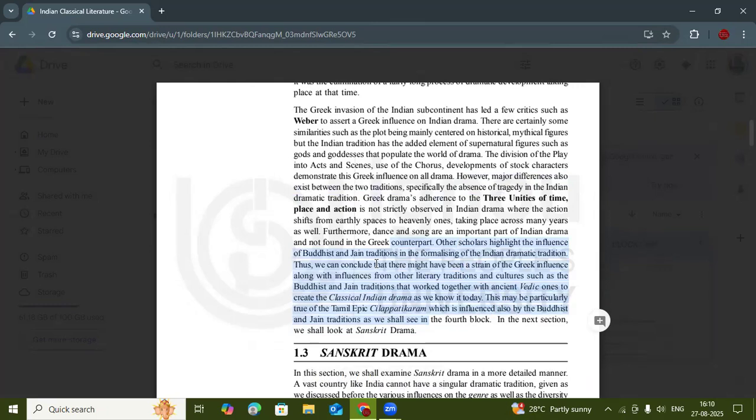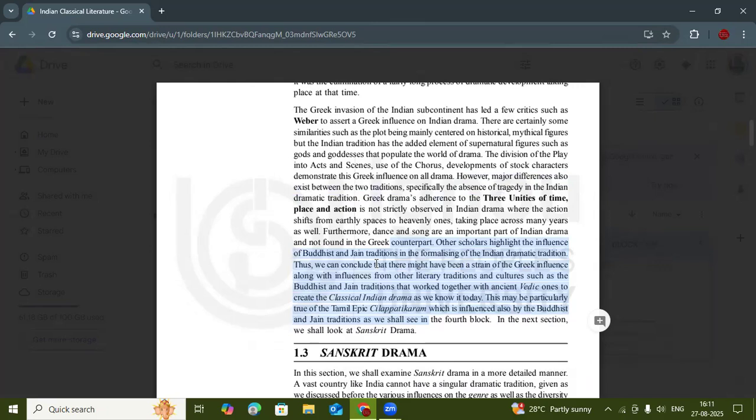So some of the scholars also say that there could be the influence of Buddhist and Jain traditions.